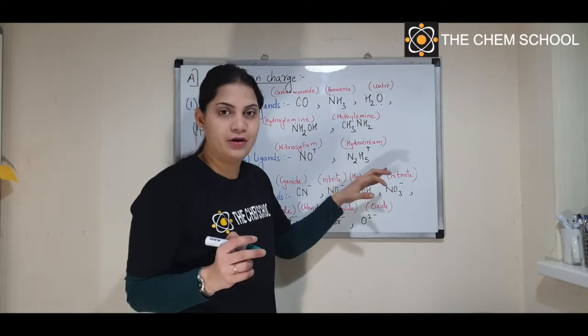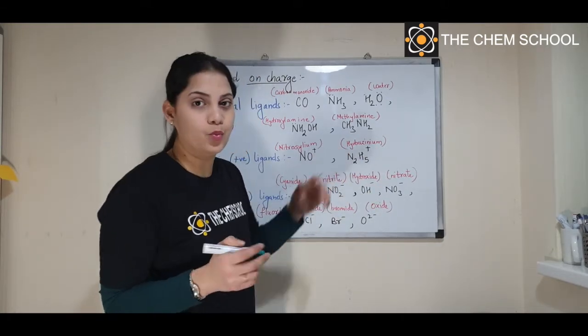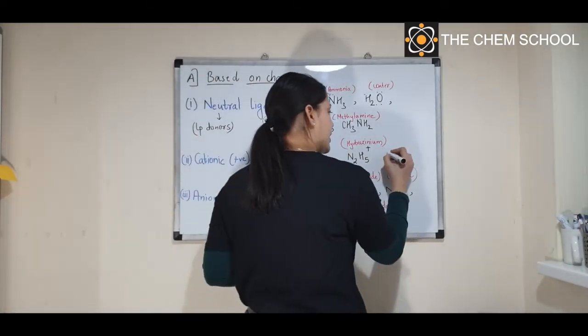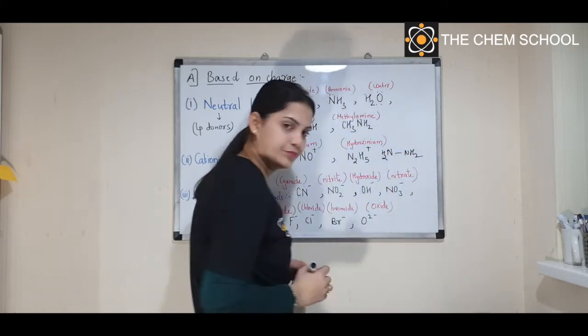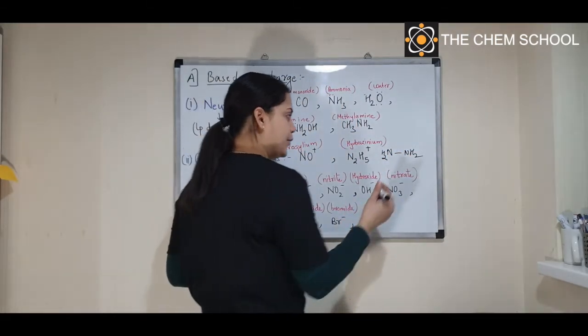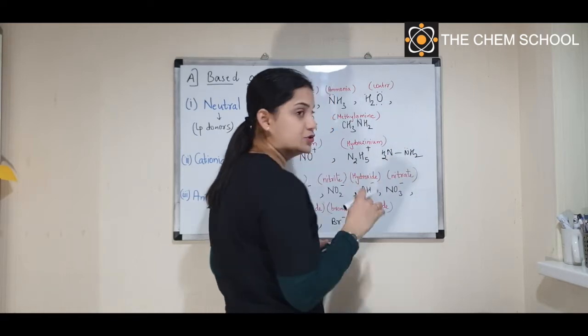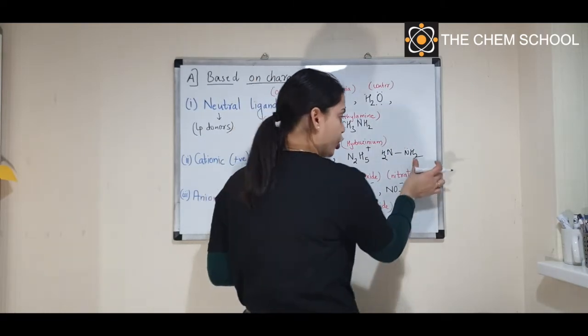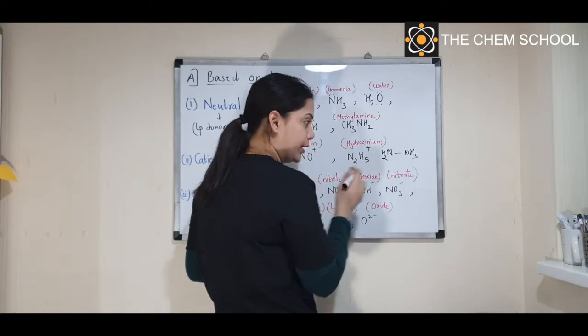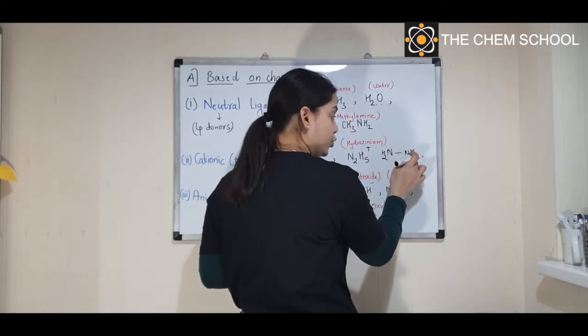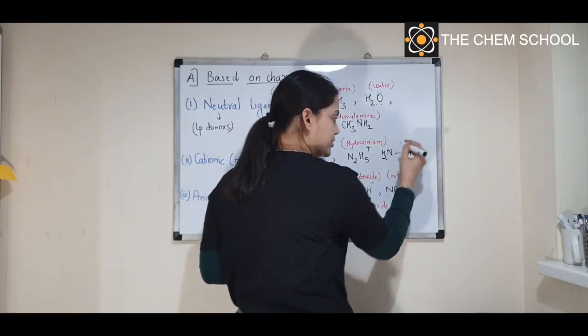Now N2H5+, it is hydrazinium. Why? Because when you talk about N2H4, this is hydrazine. Now let's say one of the lone pairs is donated to hydrogen, or to a proton. When it is donated to a proton, it becomes NH3. So this lone pair is donated to a proton, therefore this nitrogen will bear a positive charge.